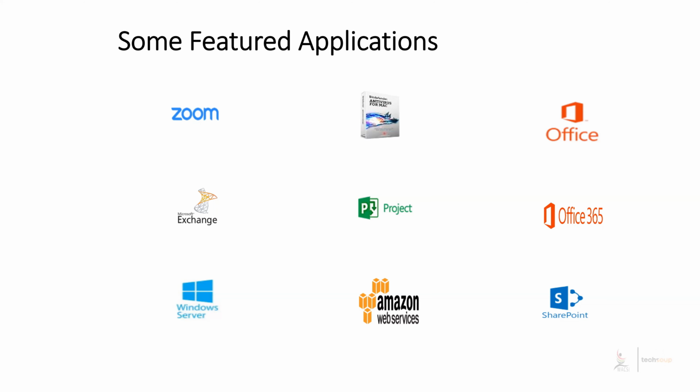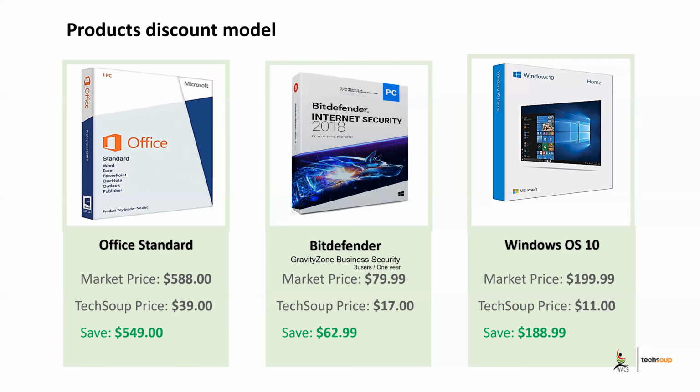Now, when we talk about a 95% discount or having discounted products, this is just an overview of what to expect. For instance, when you look at Microsoft Office here, the market price is $588 for the original version of Microsoft Office. Now, under Techsoup, you are paying just $39 for it.